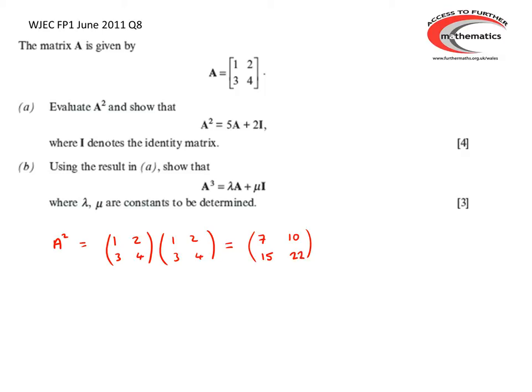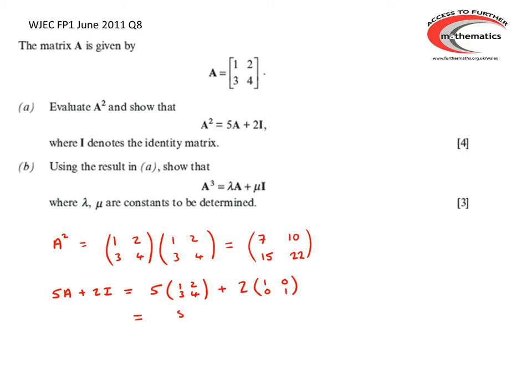And we're being asked to show that that's the same thing as 5A plus 2I. So 5A plus 2I is 5 times 1, 2, 3, 4 plus 2 times the identity matrix.